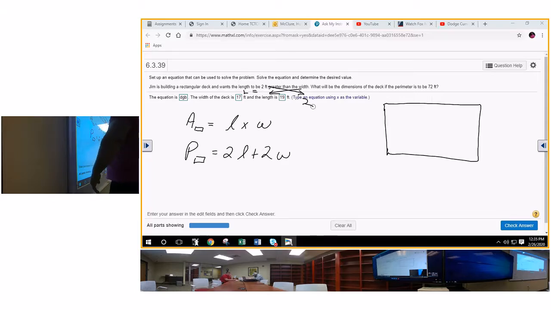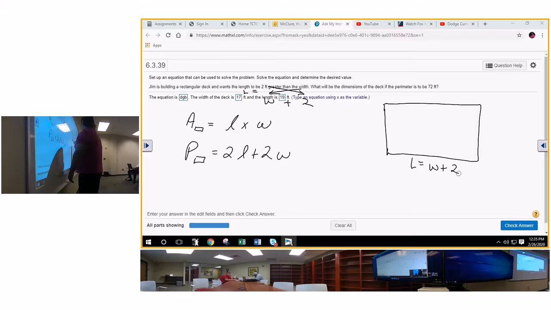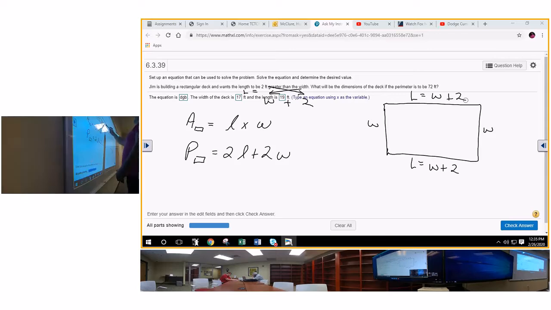I want y'all to interact with me. Thank you. Width. So my length is equal to W plus 2. And the W is right here. And length is equal to W plus 2. Okay, so that takes care of all of this.